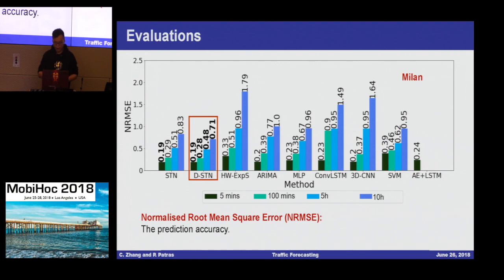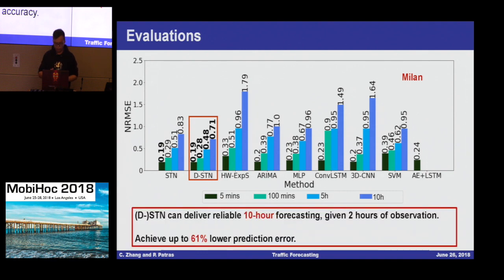Overall, our proposal D-STN works the best among all approaches and all prediction steps. So, in summary, our D-STN can deliver reliable 10-hour forecasting given only 2 hours of observation, and we achieve up to 61% lower prediction error.